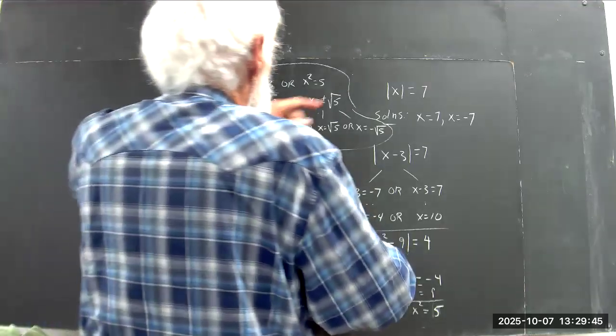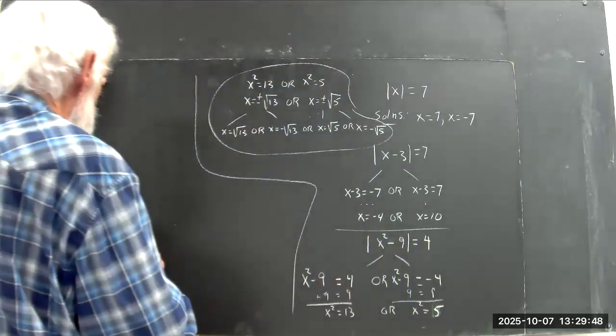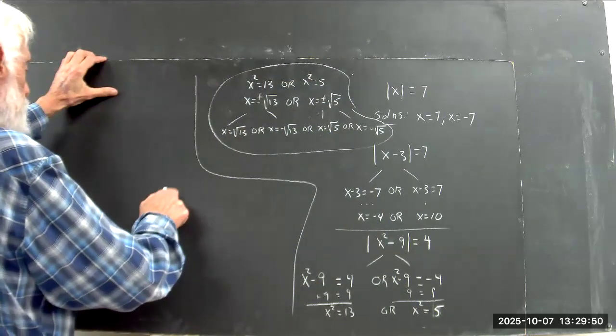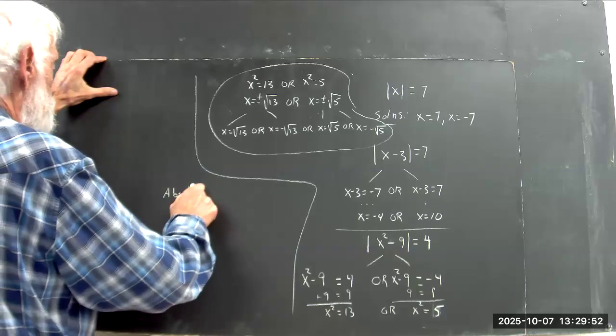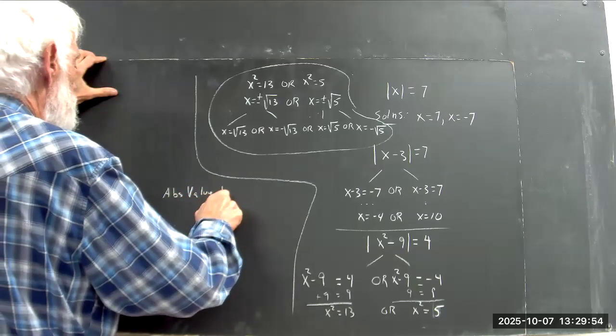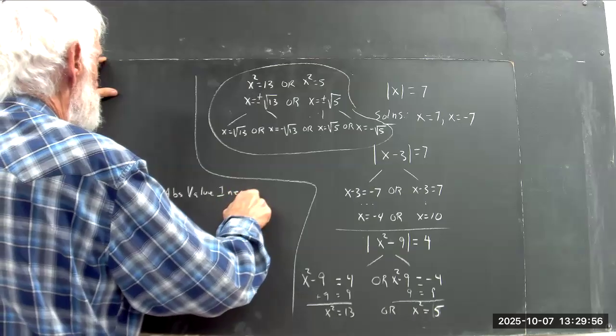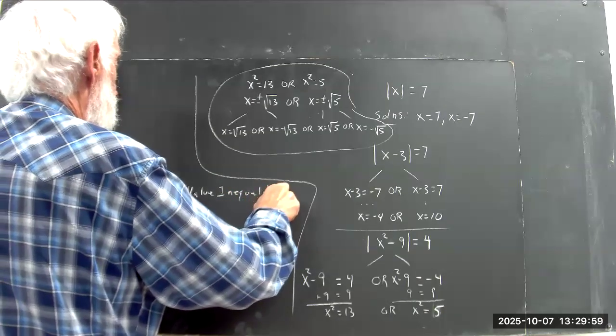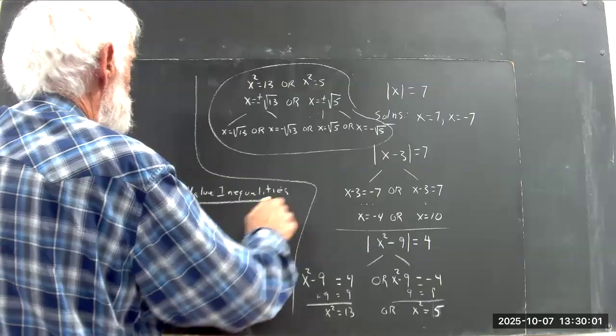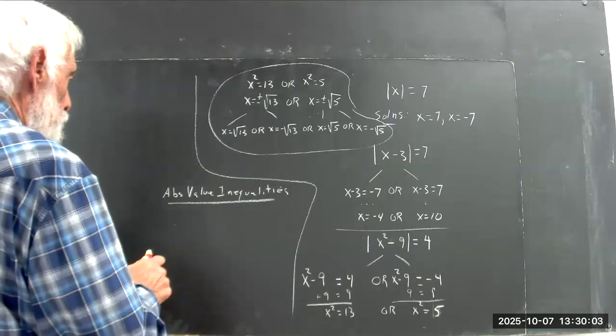So this is absolute value equalities. Now, absolute value inequality. So I'm just going to give you the rule.